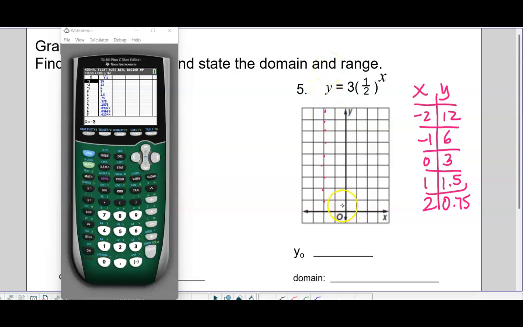Doesn't fit. So negative 1, 1, 2, 3, 4, 5, 6, 0, 3. 1 is 1.5. 2 is 3/4. And then it goes down from there.